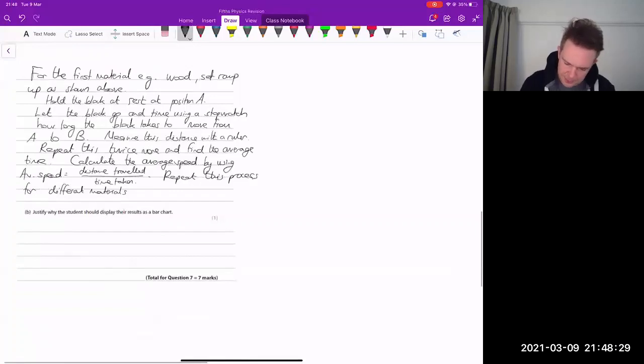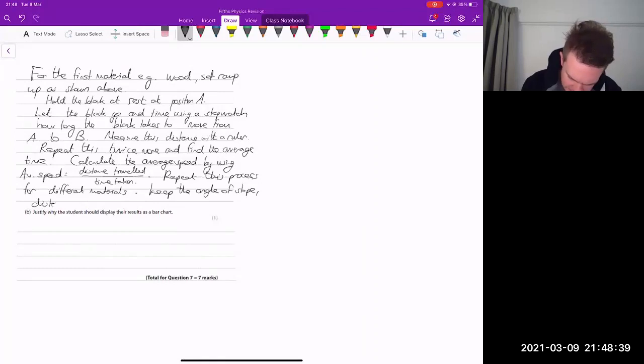We want to keep the angle of the slope and the distance traveled the same. And those are the control variables. And you could add: to ensure a fair test.